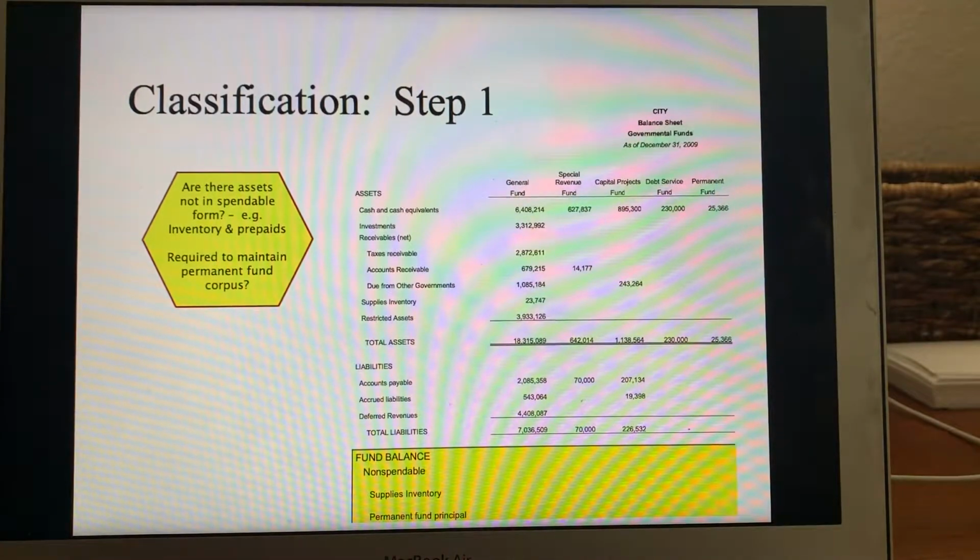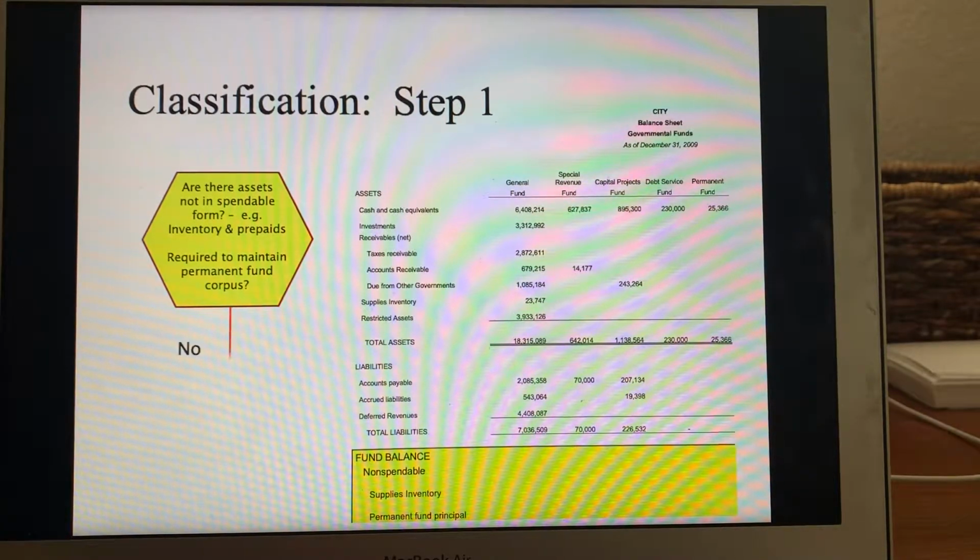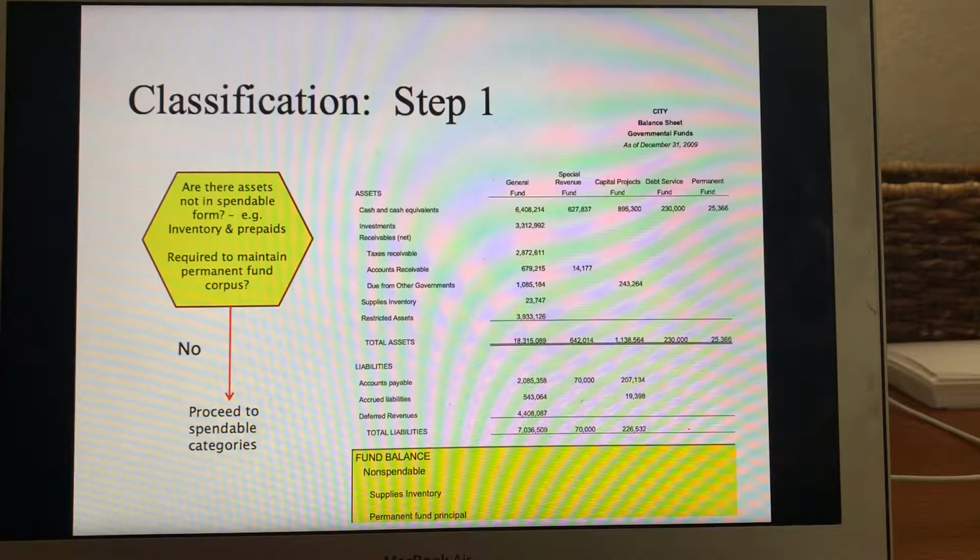So here's the classification. Step one: are the assets in nonspendable form, e.g. inventory and prepaids, or required to maintain permanent fund corpus? Fund balance, nonspendable, so there's our classification. If no, proceed to the spendable categories.